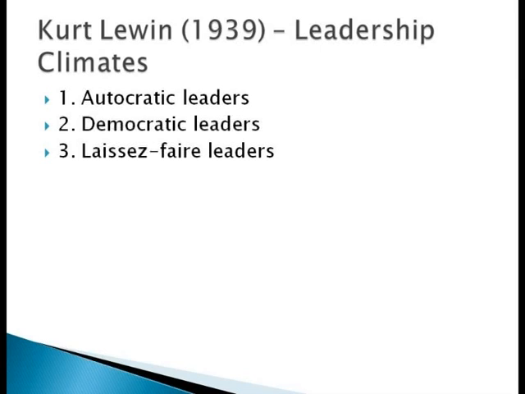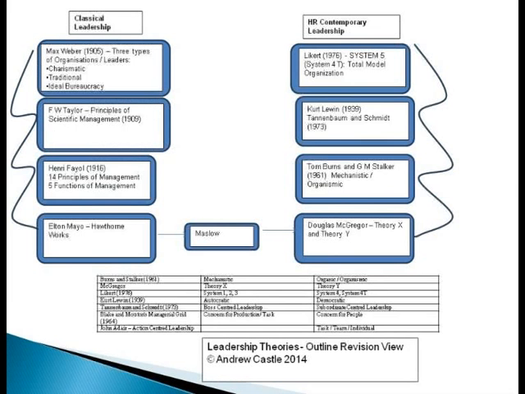They decide the resources, and they tell people what they're doing. Democratic leaders are the people who engage the team in what it is they're doing, so there's a kind of cohesive, collective viewpoint of where we're trying to get to. And laissez-faire leaders are the people that allow the team to make their own decisions to decide where they're going to.